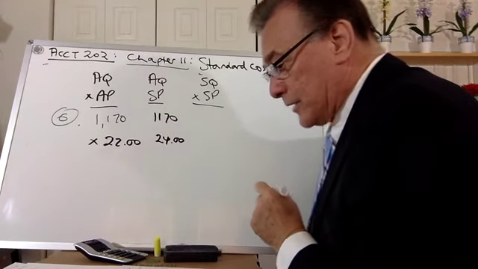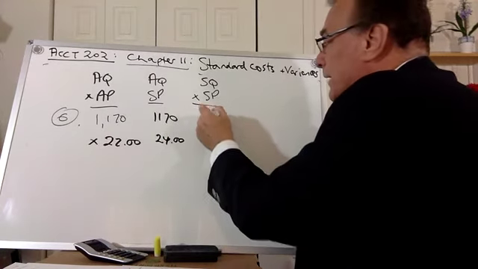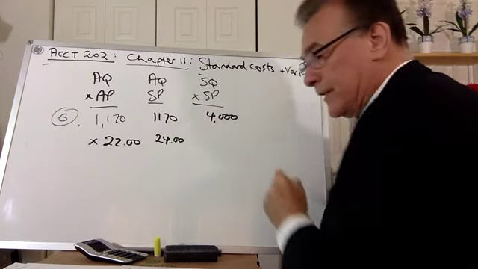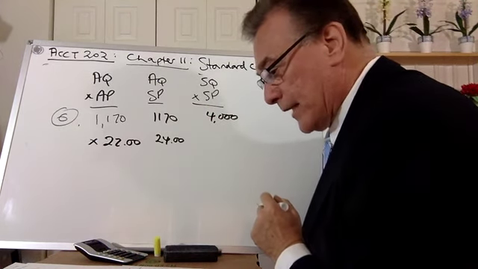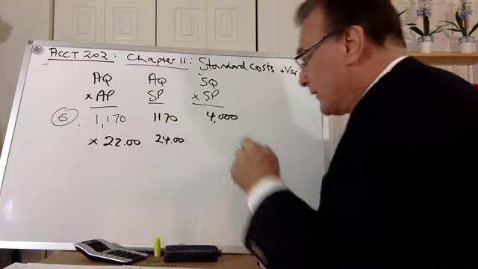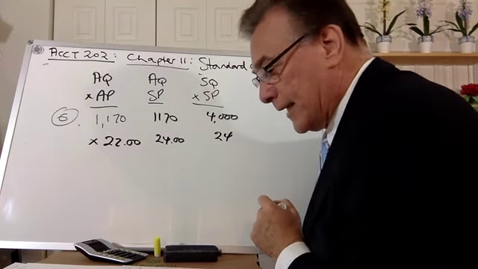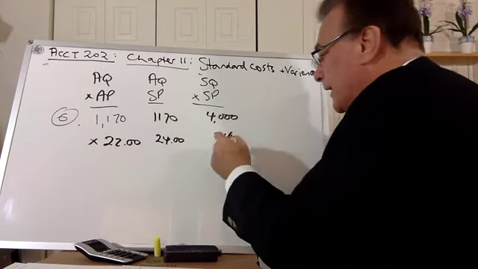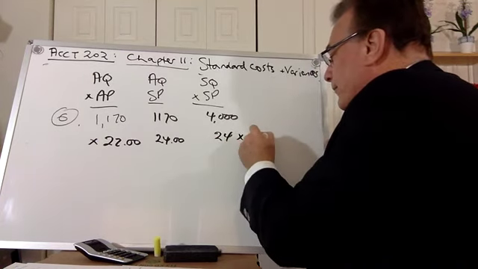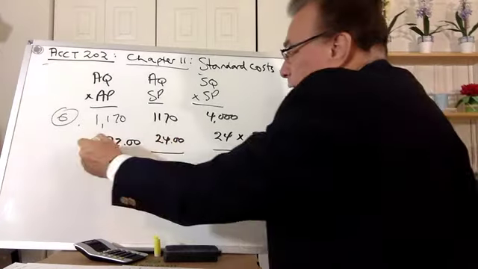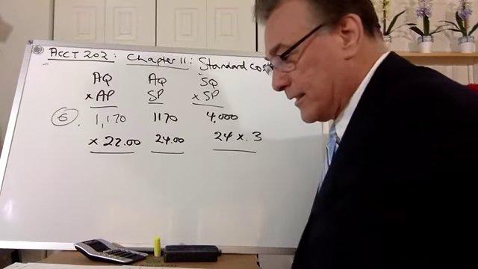Also in this third part, you got 4,000 tables that they made. The standard rate is $24, and they take 0.3 machine hours to make a table. So we're going to work out those three separately.